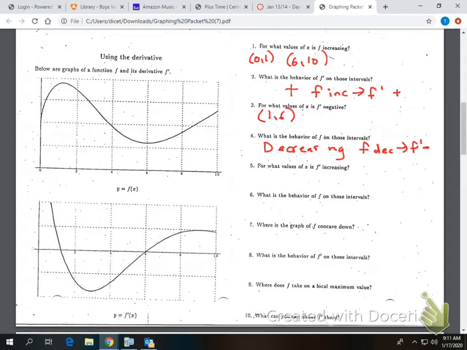For what values of x is F prime increasing? So come down here. When is F prime increasing? From 3 to 9. So let's write that down. From 3 to 9. From 3 to 9, what's the behavior of F?